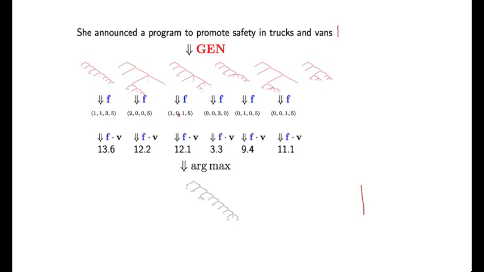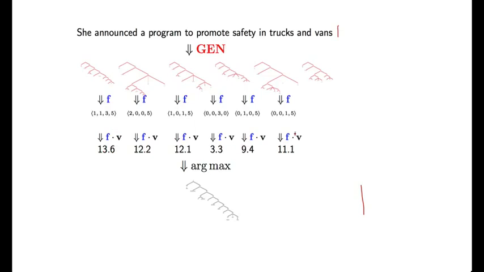So we have six feature vectors, one for each of these parse trees. And then given a parameter vector v, we can take the inner product of f and v to give a score for each of these different parse trees. So we have six scores. This tree gets score 13.6, this tree gets score 12.2, 12.1, 3.3, 9.4, 11.1.